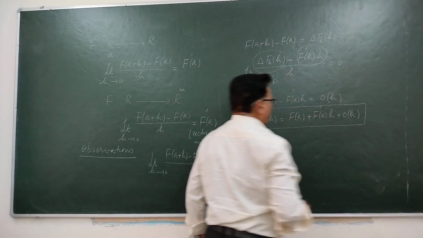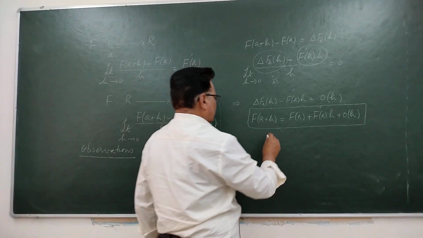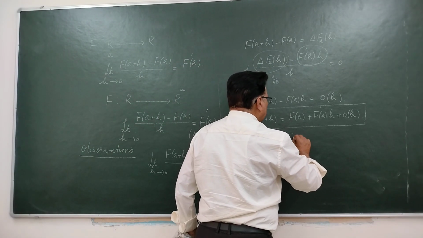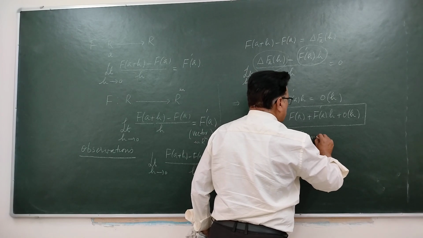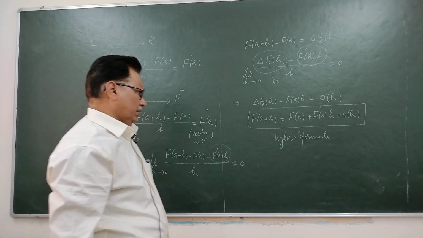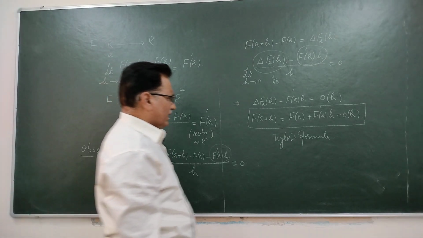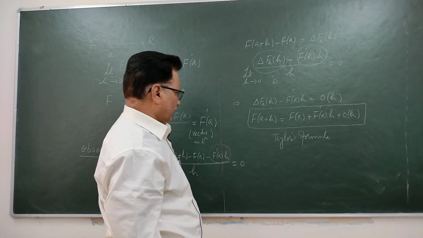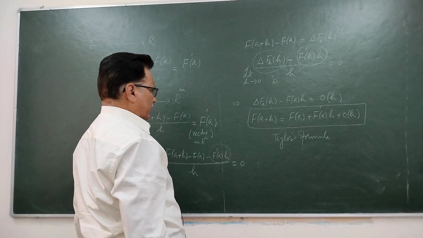This is the Taylor formula up to order 1. Here this o of h is called the remainder term, and about the remainder term we say that it contains terms which go towards 0 faster than h. So this becomes our definition.